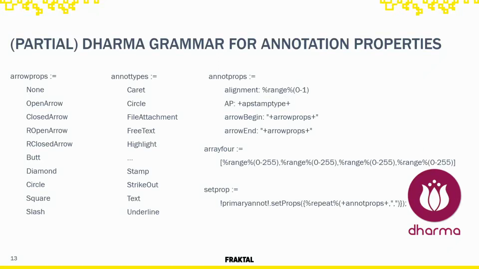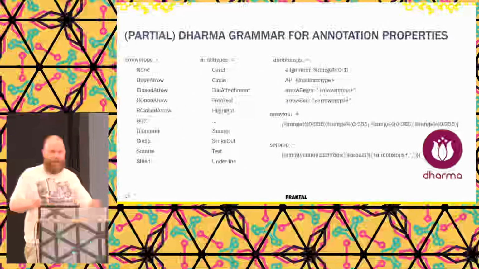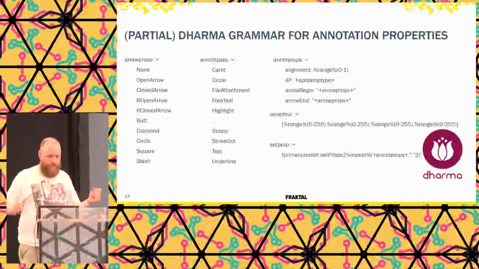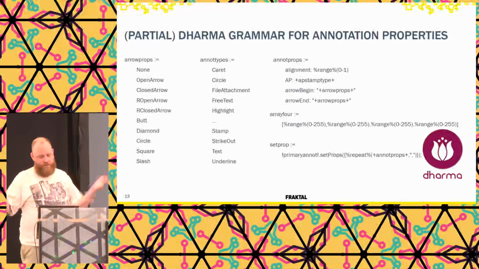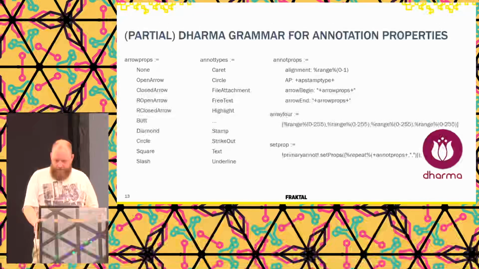I would say this is one of the easiest ways of finding bugs actually, because you just have to sit and transcribe the documentation from the JavaScript reference into a grammar file that Dharma can understand, and then it's going to start generating malicious input that you can feed, and then bugs are going to rain. So it's pretty easy and it's pretty fun.